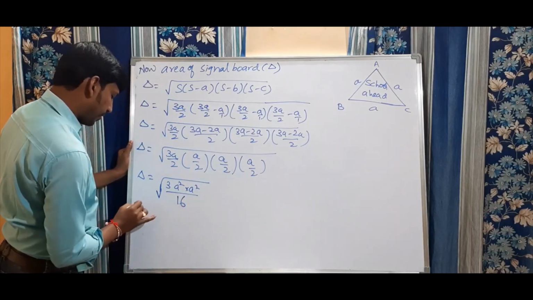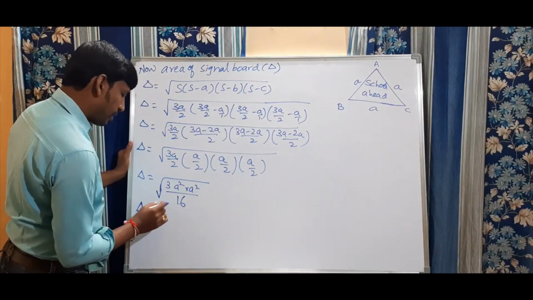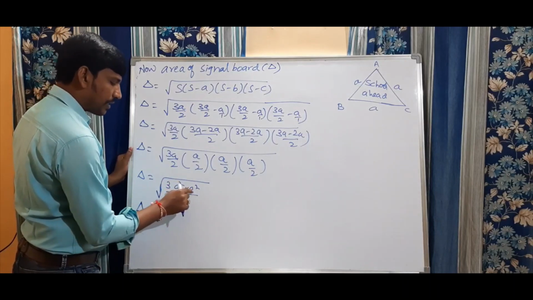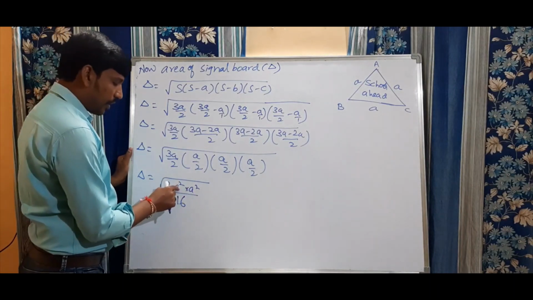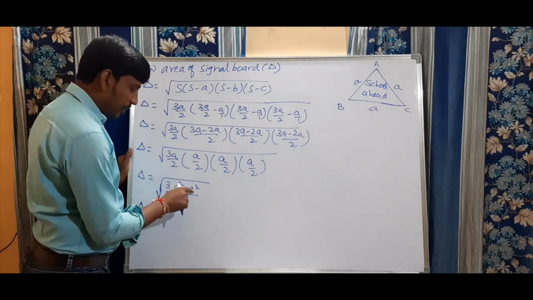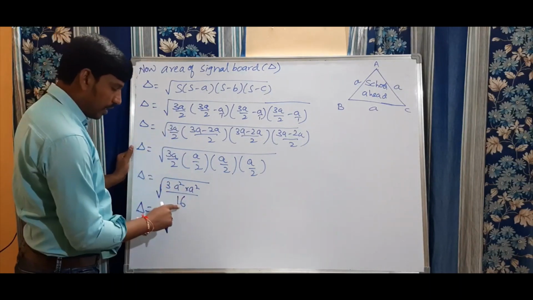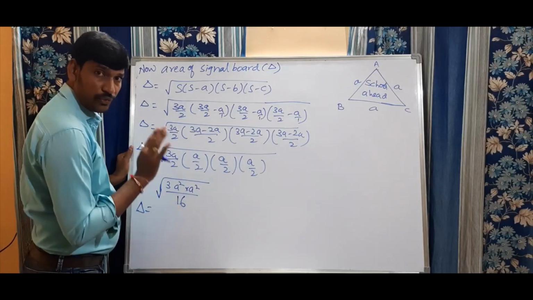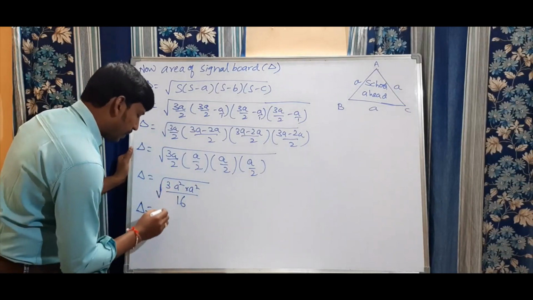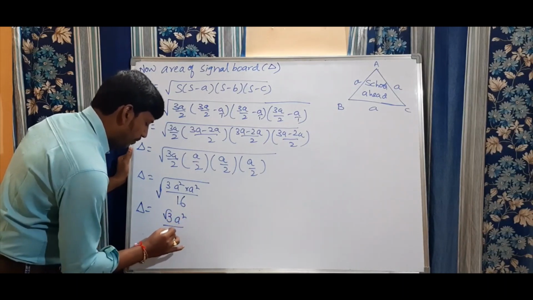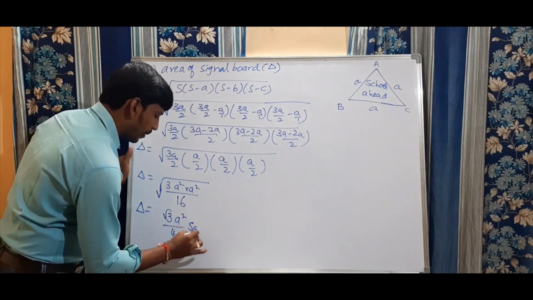Now, delta is equal to, see this here, the square root for a square and another a square also. Square root of a square will become a and square root of a square also will become a only. Root 3 will become root 3 only. Square root of 16 equal to how much? 4. Clear? This total value can be written as root 3 a square by 4 square units.